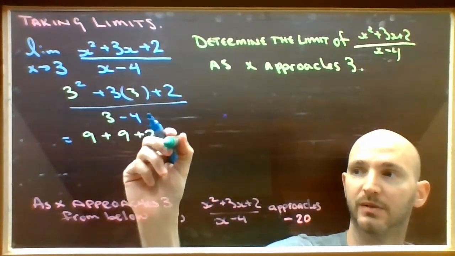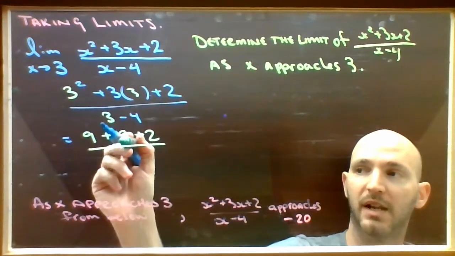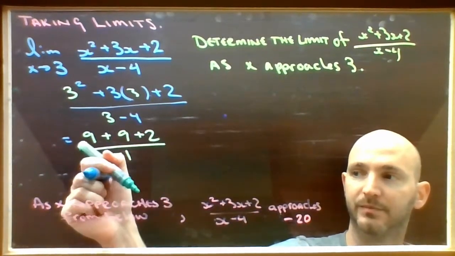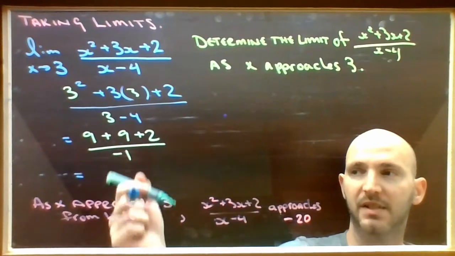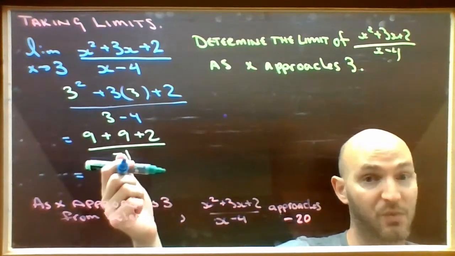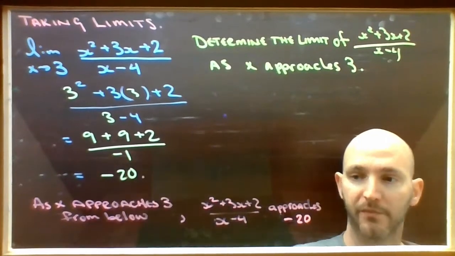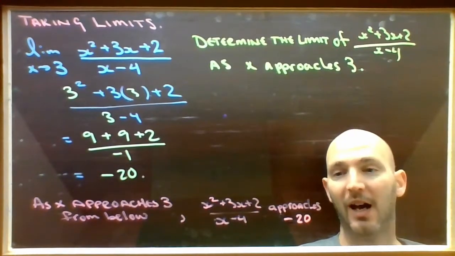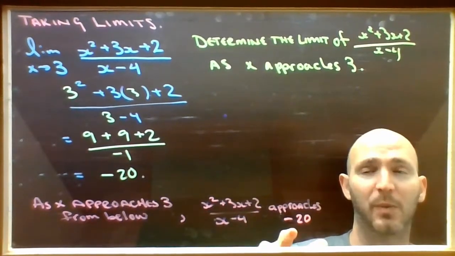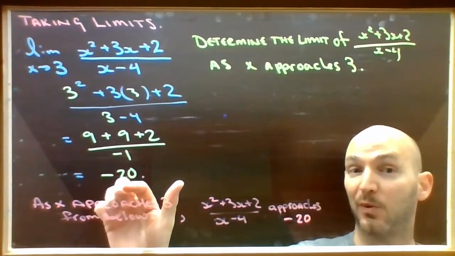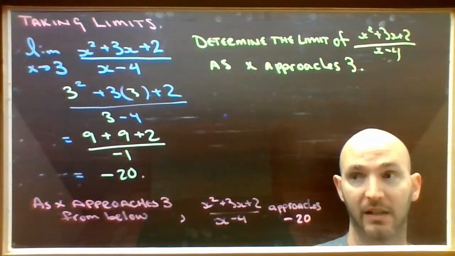That's 2. 3 minus 4 is minus 1. 9 plus 9 is 18, plus 2 is 20, divided by negative 1 is negative 20. So, of course it's approaching negative 20, because that's what it's equal to when x is 3.